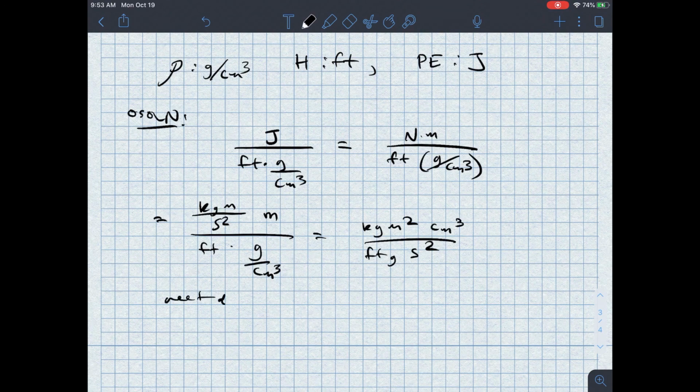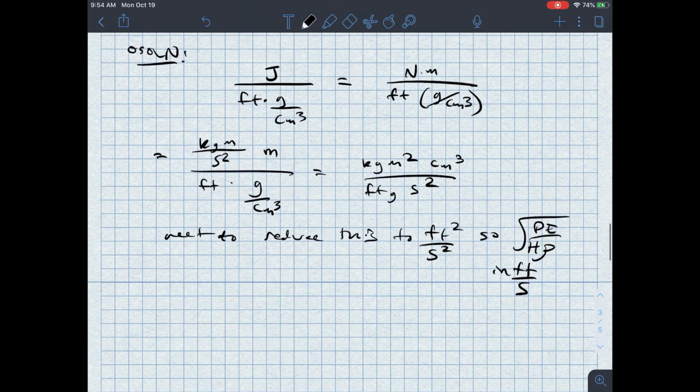We need to reduce this to feet squared per second squared, so that the square root of PE over h rho is in feet per second. Is that possible?